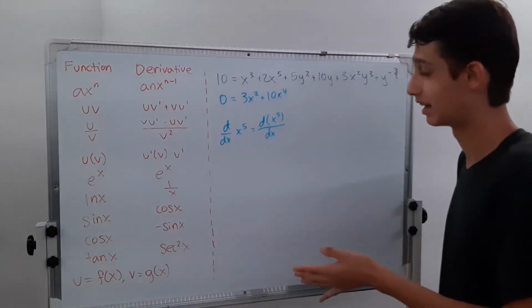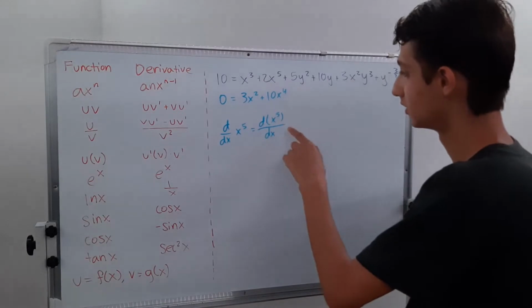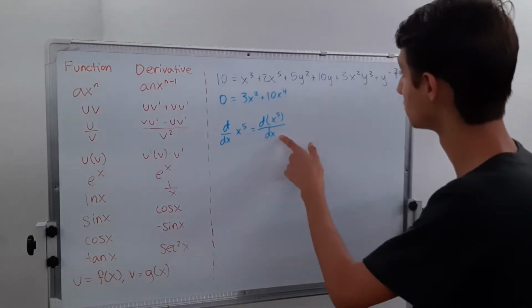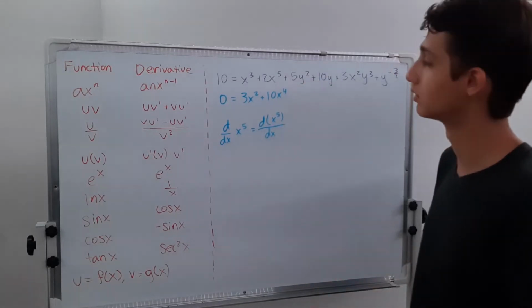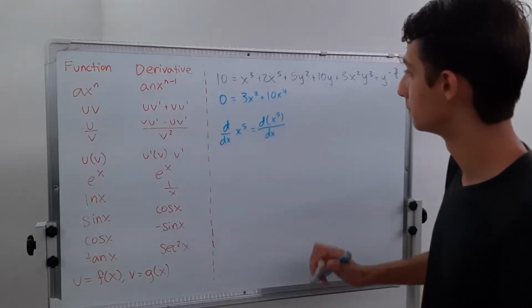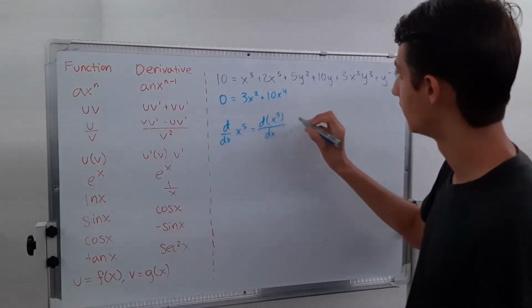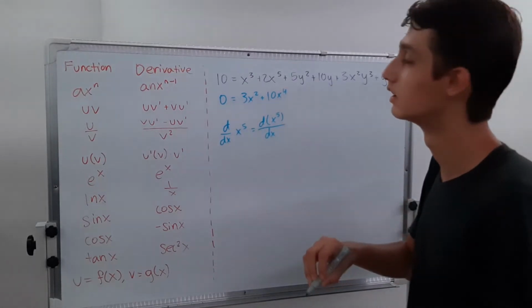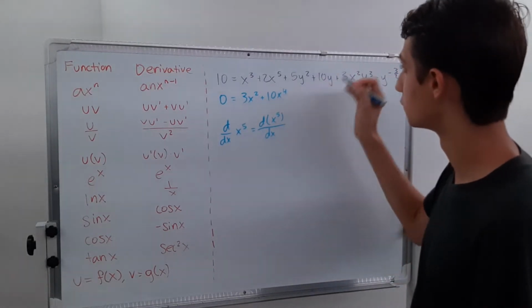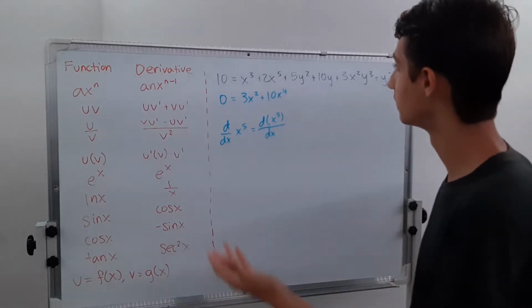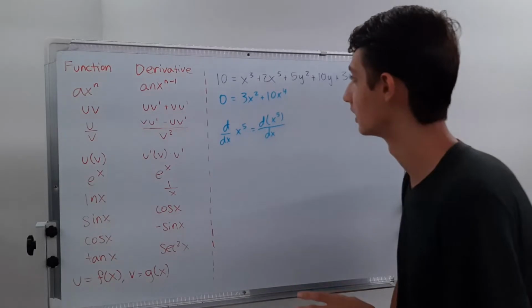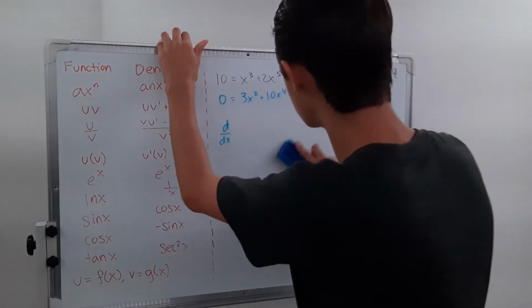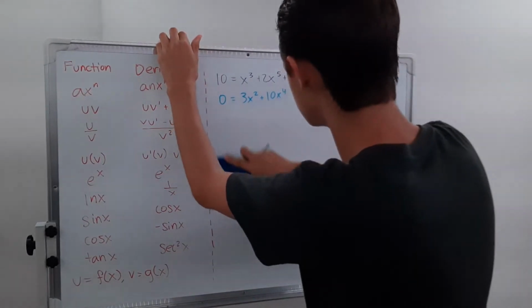There's a lot of technicality involved in there, but this is basically with respect to x. So whenever we take the derivative of y, we're using implicit differentiation, basically to say that we're taking dy dx, right? Derivative of y with respect to x, but then we can use the chain rule and all that, and I'll get into that. But basically that's the general idea. We're taking the derivative with respect to something.